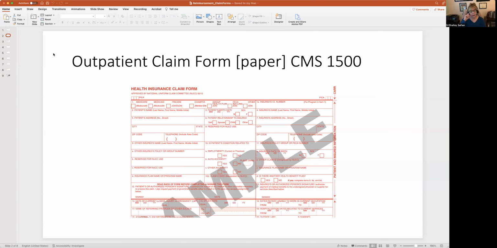So then what happens? Then it depends on the facility. Some facilities will have the coders or the billers correct the form and file a CC, a corrected claim, and everybody can be happy.